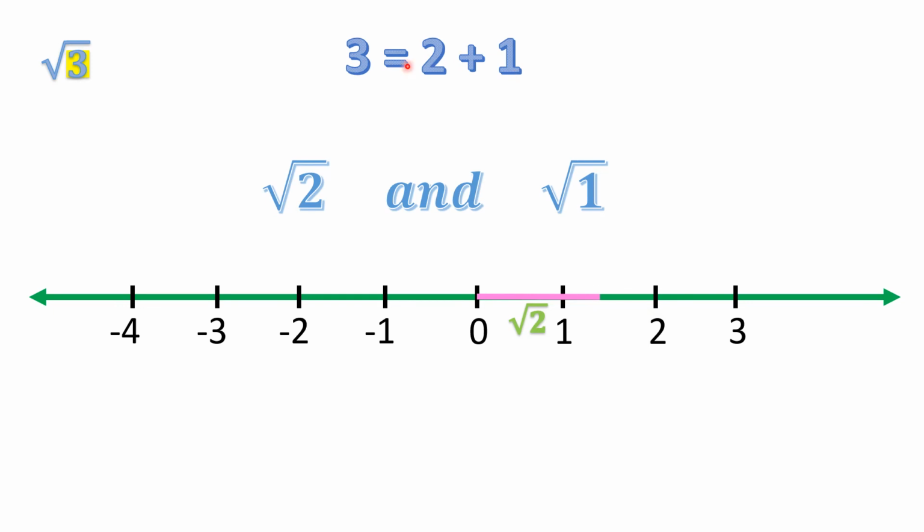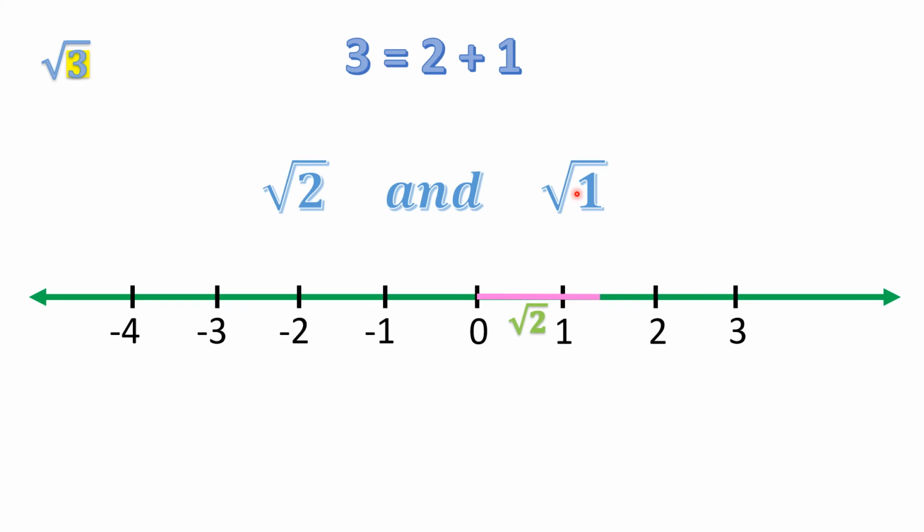So keeping that in mind, first look at the number inside the root. The number is 3. Then I split the number 3 into two parts: first 2 and then 1. So 2 plus 1 is 3, right? Now I take the square root of the first number, which is root 2, and then the square root of the second number, which is root 1.